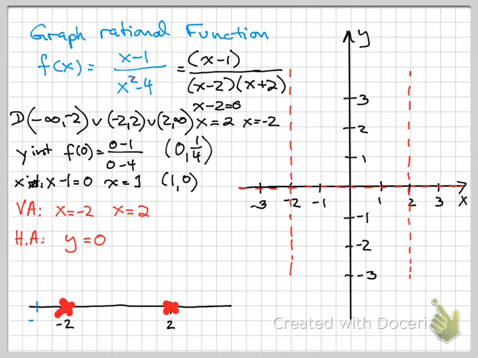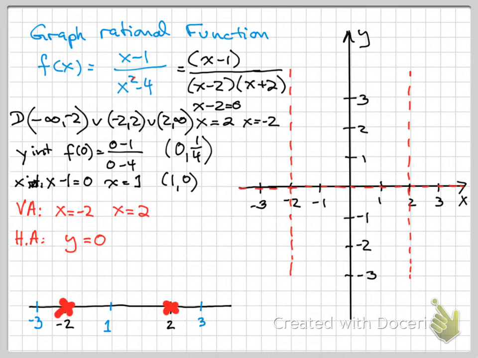So let me say negative 3. Then also in between negative 2 and 2, I'm going to pick 1, because I already have 0, that's my y-intercept. And I'm going to pick 3 on the right hand side, and let's see what happens here.